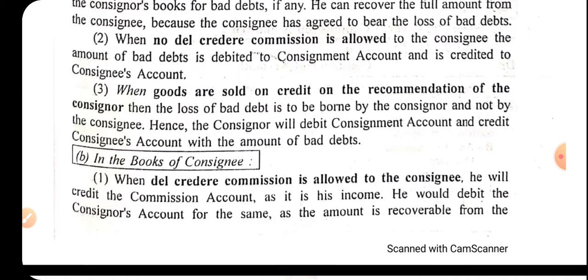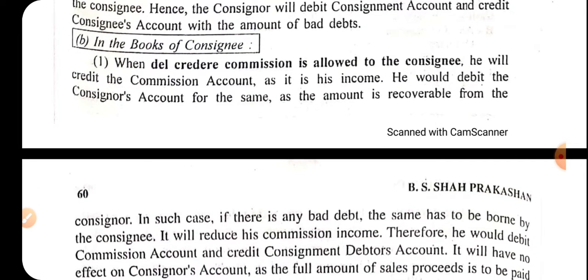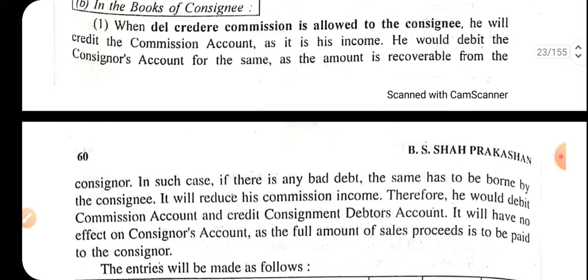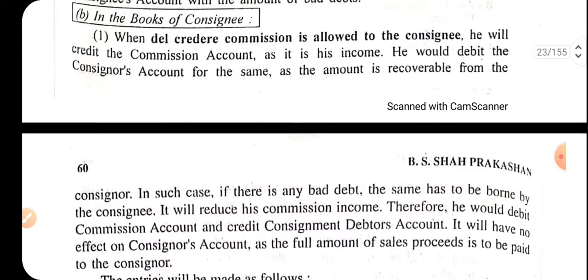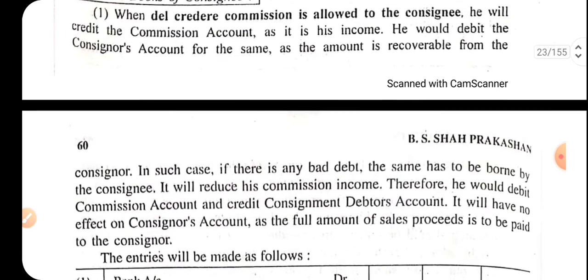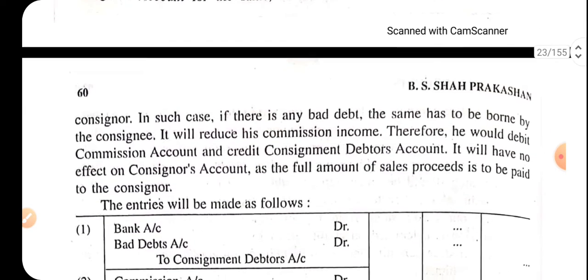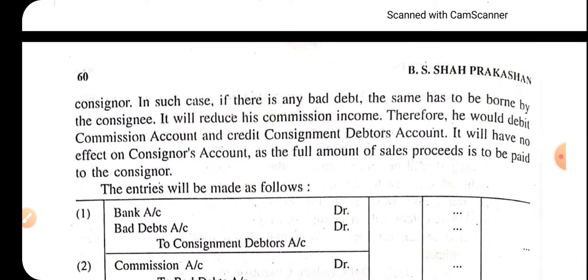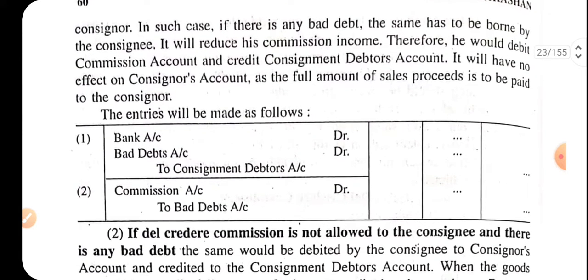In the books of the consignee, when Del Credere Commission is allowed to the consignee, he will credit the commission account as his income and debit the consignor's account, as an amount receivable from the consignor. In such a case, if there is any bad debt, it has to be borne by the consignee.